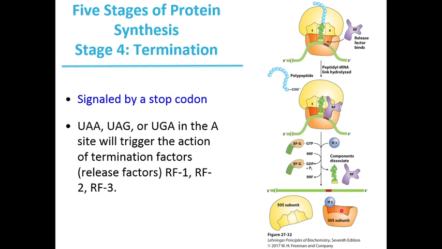Now IF3 and energy provided by EF-G, that is GTP associated, are essential in this process because the elongation factor G that's bound to GTP gets converted to EF-G GDP. And the energy released is what triggers the binding of IF3 to the 30S subunit. And once IF3 binds, that releases the 50S subunit.